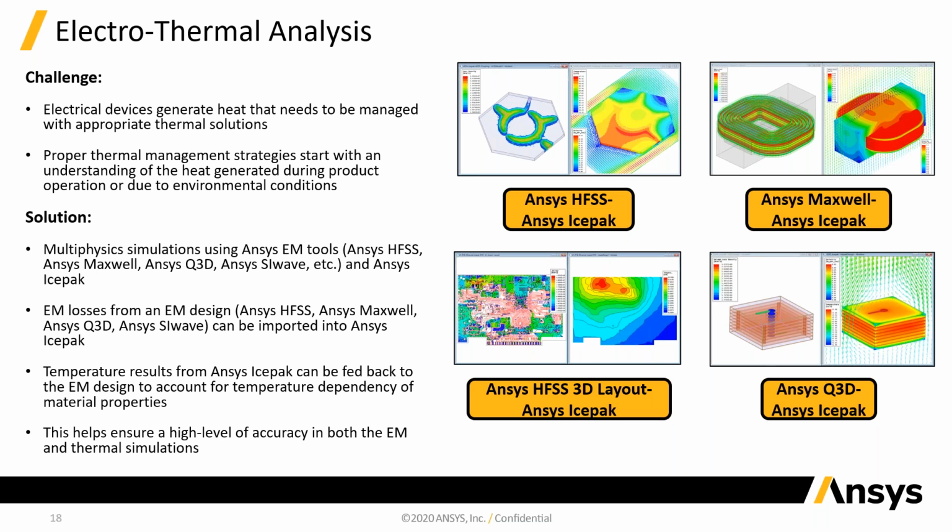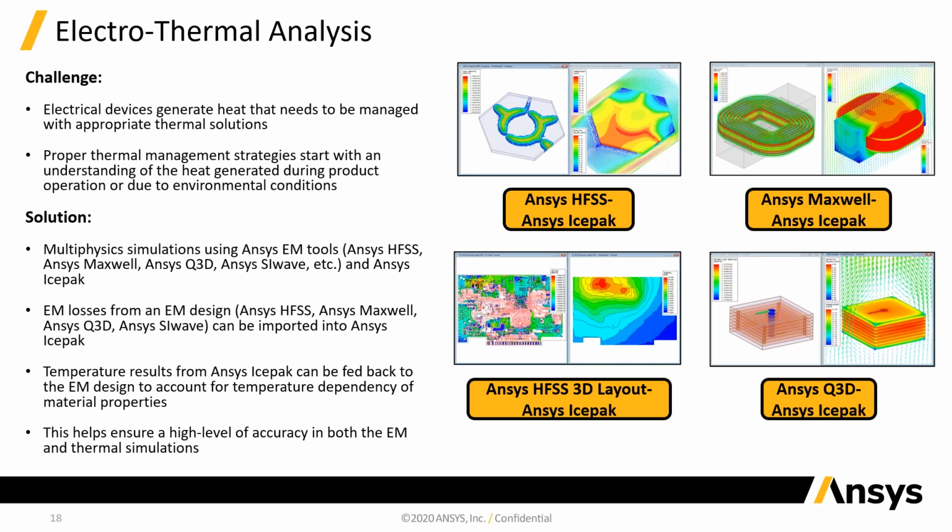And of course, the best way to understand the thermal behavior of our model is using ANSYS tools. As I mentioned, there are a few ANSYS electromagnetic tools, HFSS, Maxwell, Q3D, SIwave, et cetera, and all of those work with ANSYS IcePak in that they can send information back and forth to each other.